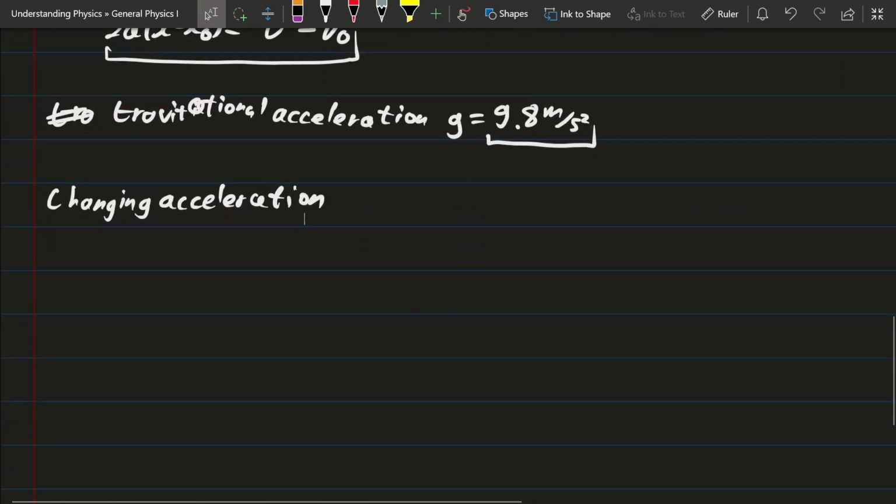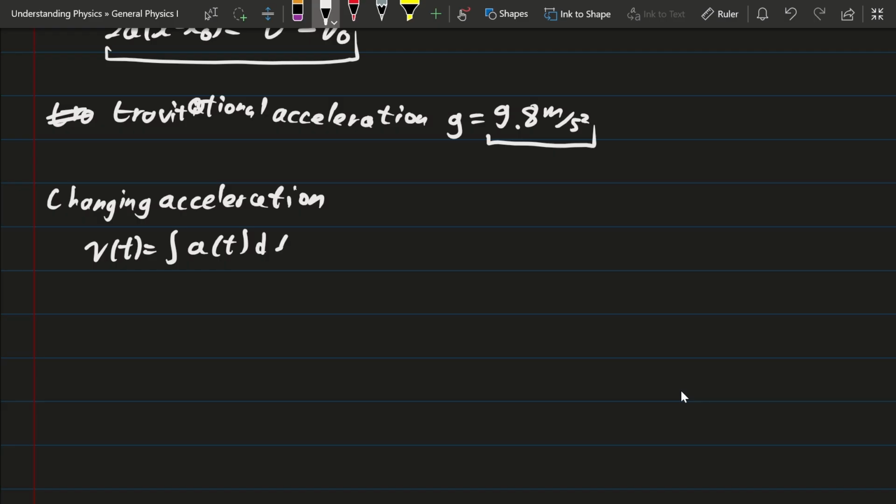But you could also do this with an acceleration which is changing over time or even position. So you could write the velocity to be the integral of the acceleration over time, while the position could be written as the integral of the velocity over time.